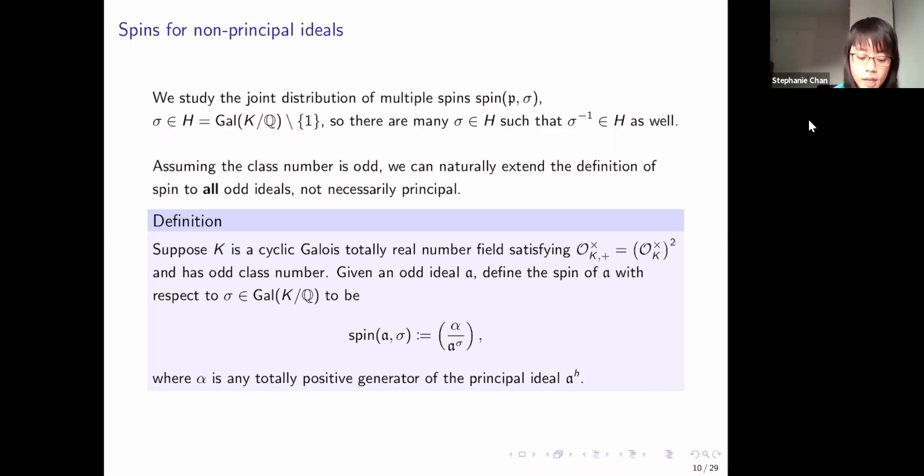So now, instead of taking alpha to be the totally positive generator of a principal ideal, we now take this to be the generator of the principal ideal a to the h. So instead of a, we take a to the power of h, so that we have a principal ideal to work with. But we no longer assume that a itself is principal.